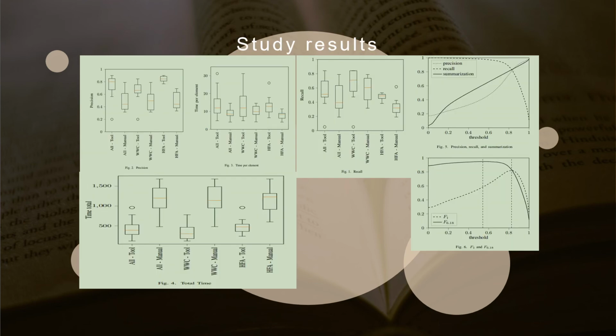Finally, I would like to introduce the study results. From figures 1, 2, 3, and 4, we can conclude that using the tool in reviews increases precision and recall on defect detection and decreases the total time needed by the participants significantly. For the calculation of beta and summarization, we calculate the beta for our classification and get the result of 6.18.